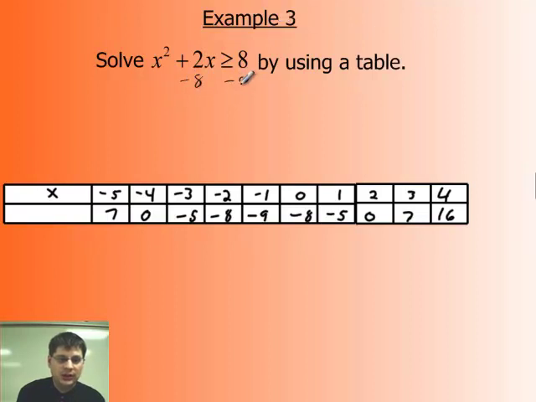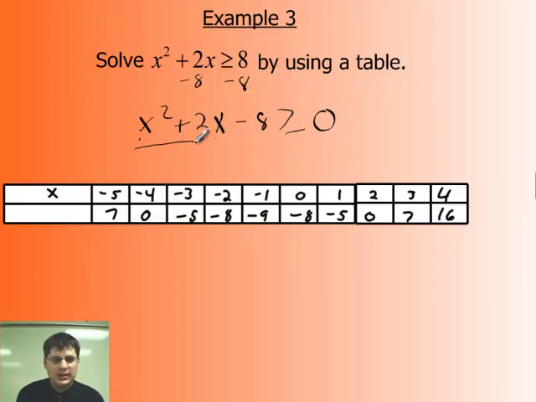from here and here. So that's going to leave us with x squared plus 2x minus 8 is greater than or equal to 0. So let's think about what that means. It's saying that we're looking for values of x here that will make this side larger than or equal to 0.